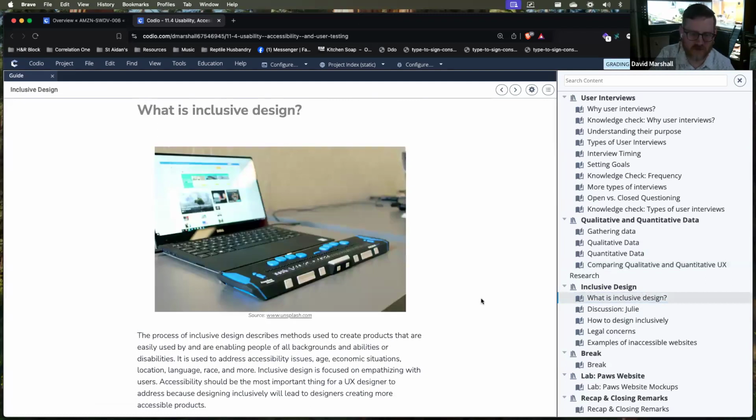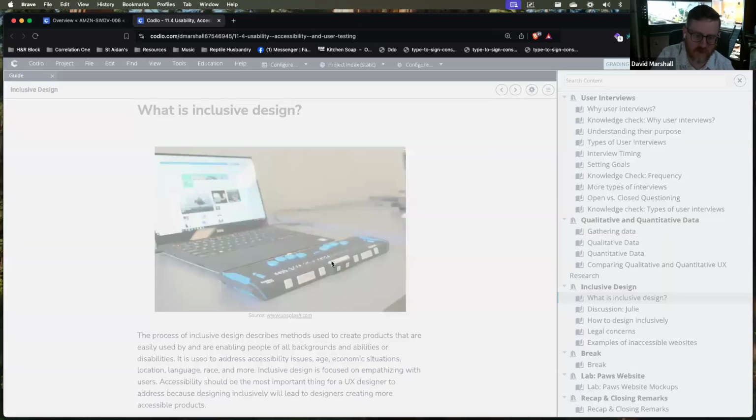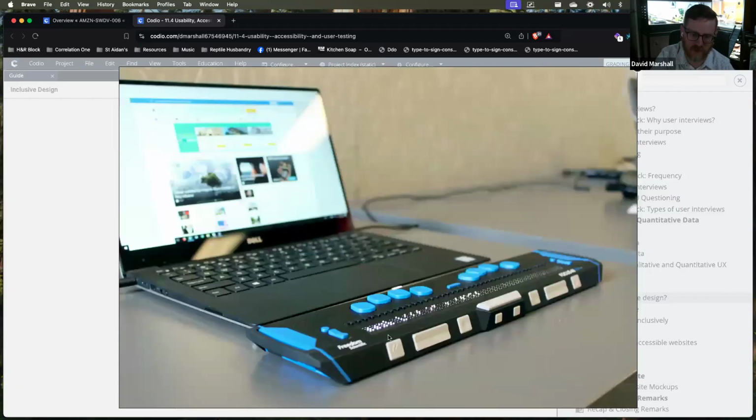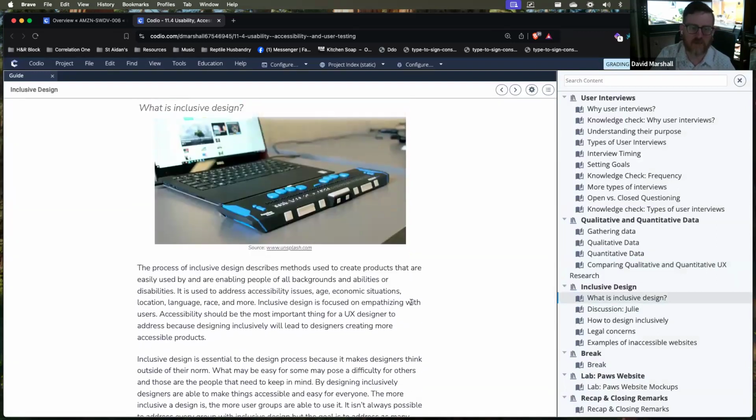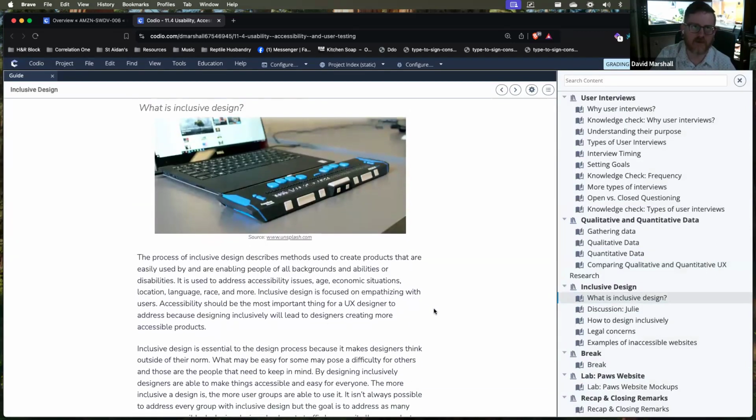So inclusive design, we've talked about this before, and if you see here, this is definitely an interesting setup, right, with the Braille and other features here too. So there's a wide spectrum of how to design accessibly, right? Inclusive design.